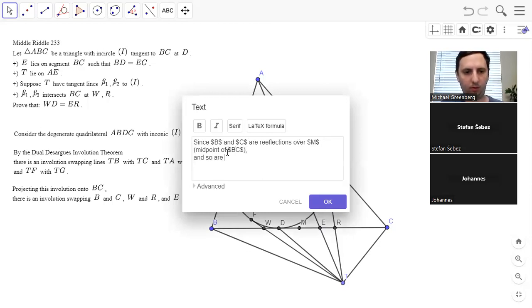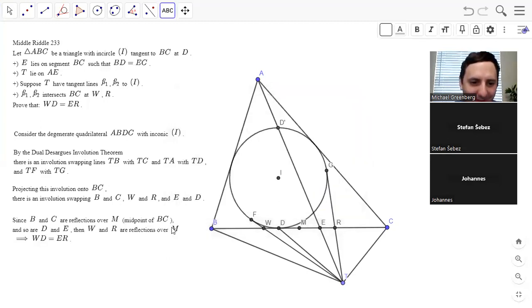And so are D and E. Then W and R are reflections over M, and that means that WD equals ER. Wow, very interesting. Okay, I like it.